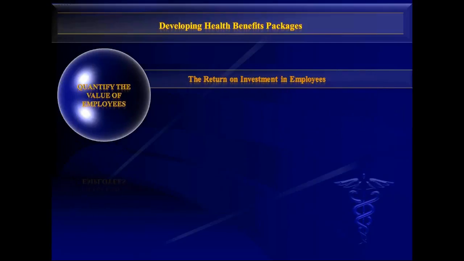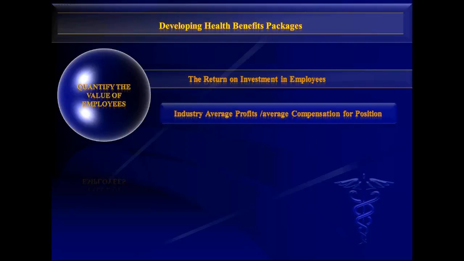So the process for quantifying the return, there are a lot of different approaches to this, but let's take a simple capital expenditure strategy. So when a company invests in anything, before they invest in anything, they always look at the risk adjusted return of that expense. The first thing we do is we look at the industry average profits divided by the average compensation for that position.